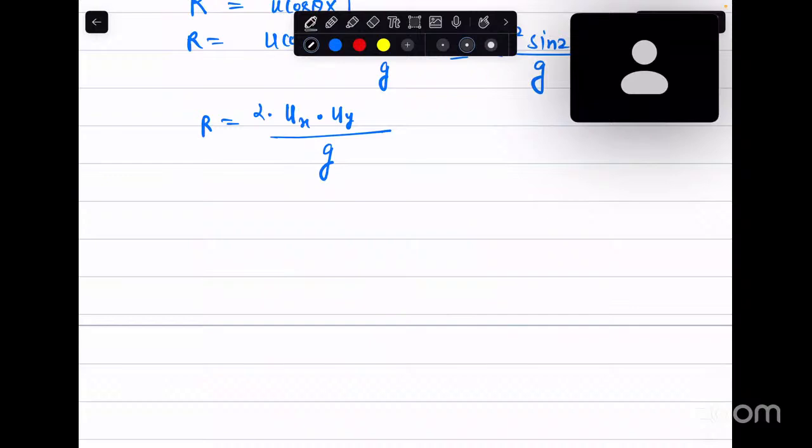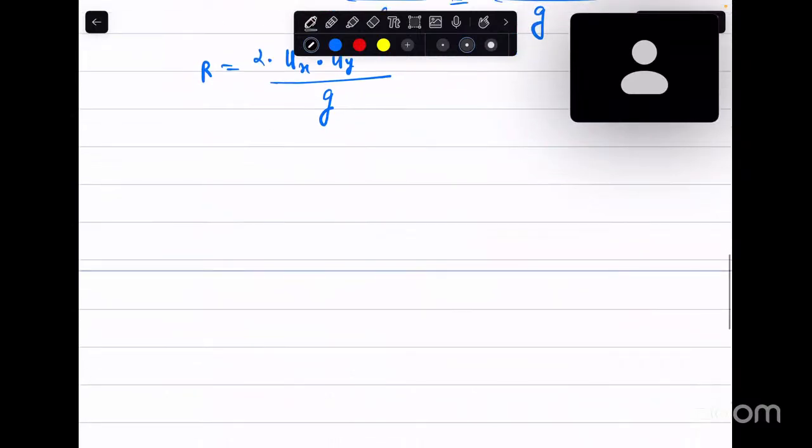Next point we can discuss is some special cases in projectile motion. And in that special case, the first point is the equation of a projectile motion.